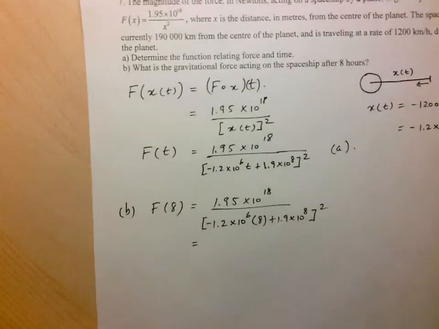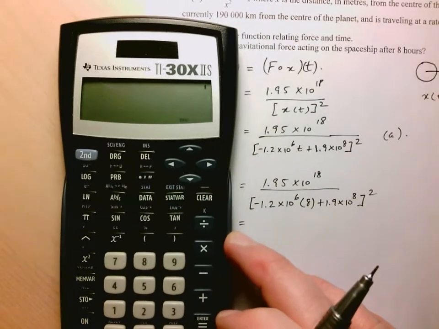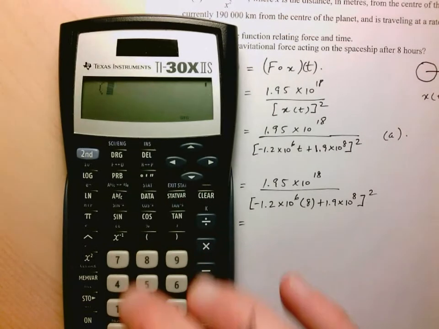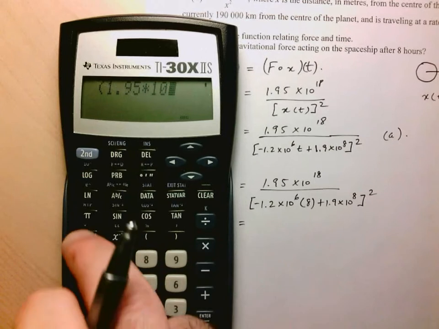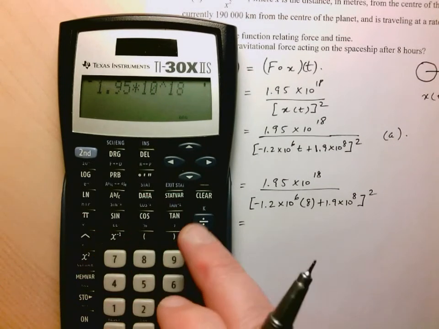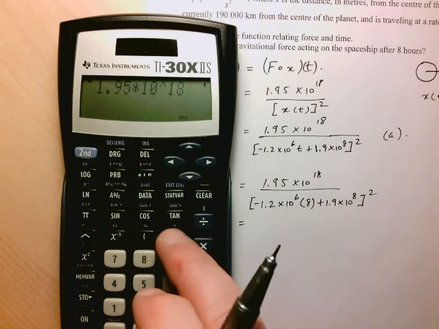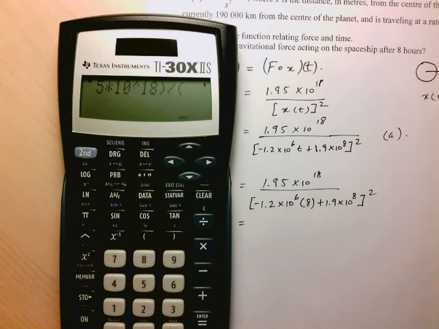So let's figure out what that is equal to. Make sure you use lots of brackets here. Let's do numerator 1.95 times 10 to the 18. Now this calculator does have a scientific notation button, but I'll just do it like this. Divided by another denominator. Let's be careful here.